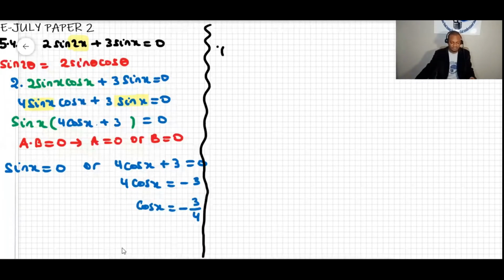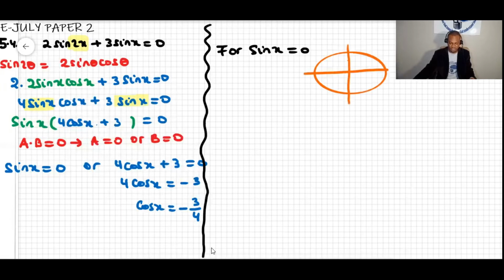For sine x equal to 0, if I draw a trig circle here, we do know that sine is 0 at 0 degrees and also at 180 degrees. Those are the places where sine equals 0. Sine of 180 degrees is 0, and sine of 0 degrees is 0.